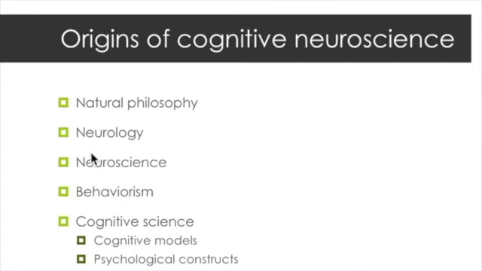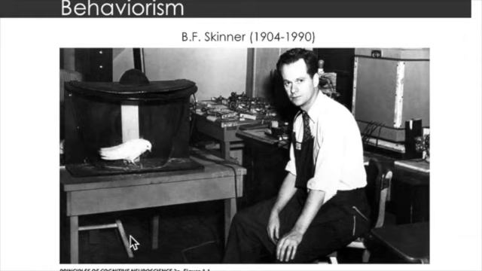So going back to our origins of cognitive neuroscience, where I've started talking a little bit about philosophers, and then moved on to talk about neurologists and some neuroscientists, and some biologists, and now I'm going to talk about some perspectives from psychology. I'm starting with behaviorism.